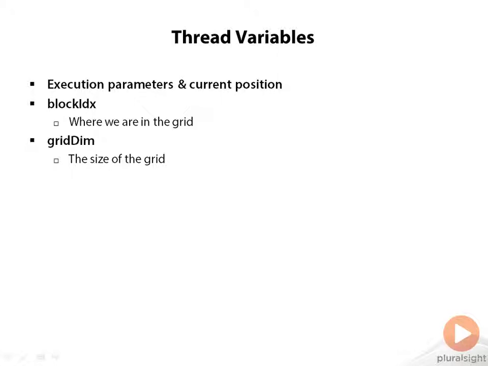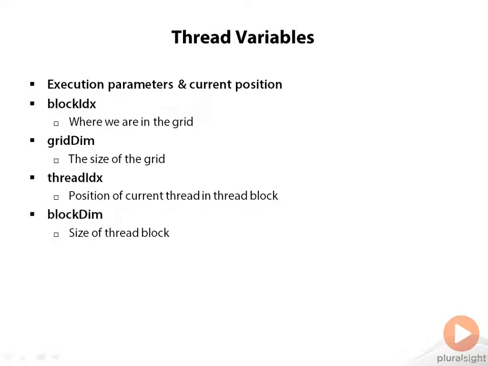So its X, Y, and Z values effectively correspond not to the position, but rather to the size of the dimensions. Then there is threadIdx, which we have already seen, which tells us the position of the thread in a thread block. And finally, there is blockDim, which tells us the size of the thread block that we're in.